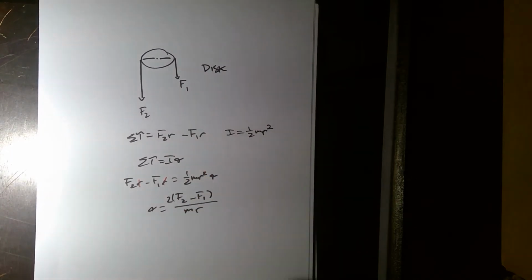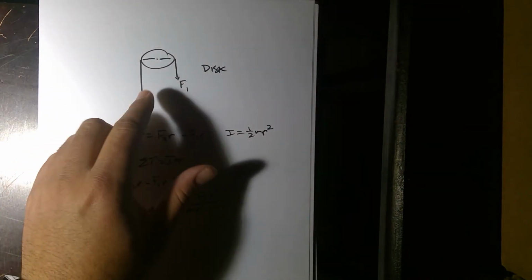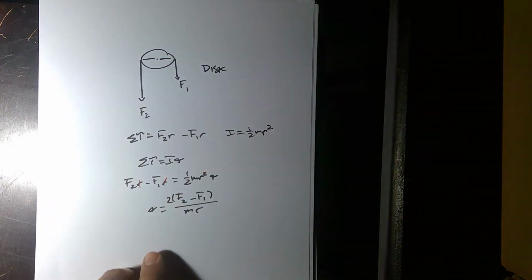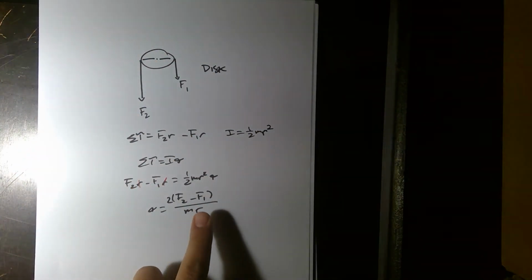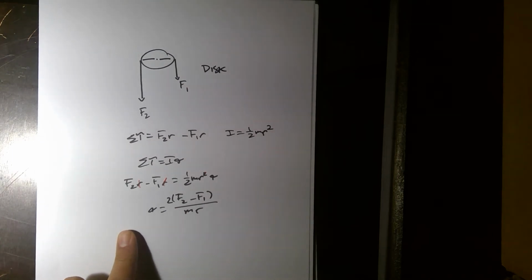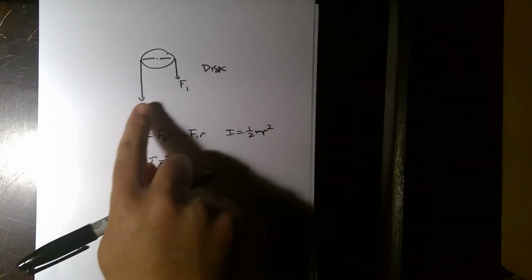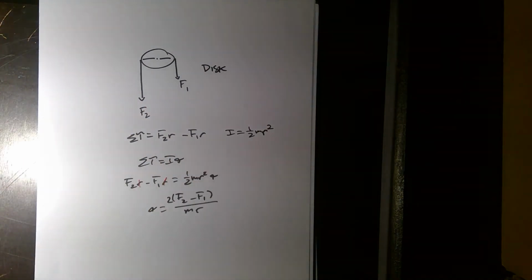Now, what type of rotation you get here all depends upon which force is stronger than the other. I've had it drawn where F2 is stronger than F1, so I would expect counterclockwise rotation here. However, if F1 was greater than F2, this expression would actually yield a negative value for alpha. So it all depends upon the size of the forces, but this expression would be applied to both forces regardless of how large they are relative to each other.